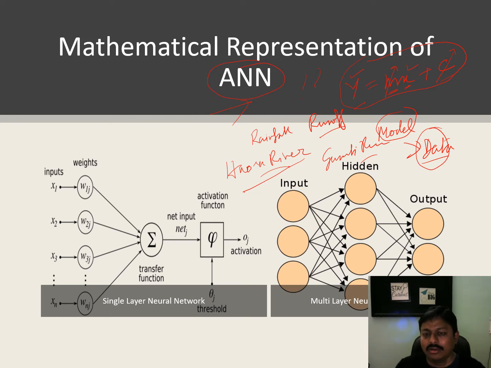then the error will be much less compared to when the model is applied to predict the runoff of Gumti River, because Howrah River data and Gumti River data are different. These are two different rivers and they have different patterns. Yes, I understand that the basic relation is the same, but there will be a difference in the data.